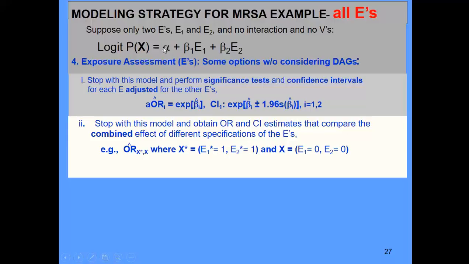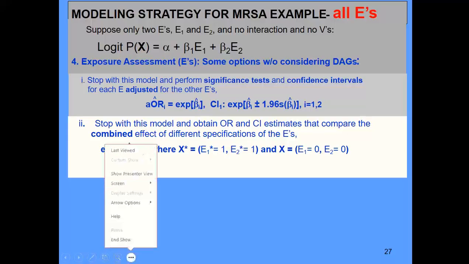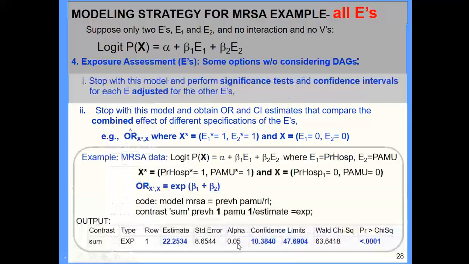Well, if you look at the next slide, the odds ratio would be e to the beta 1 plus beta 2. That's the odds ratio if you decided your way of evaluating the combined effect of the exposures is to compare high versus low. That's the odds ratio of interest.